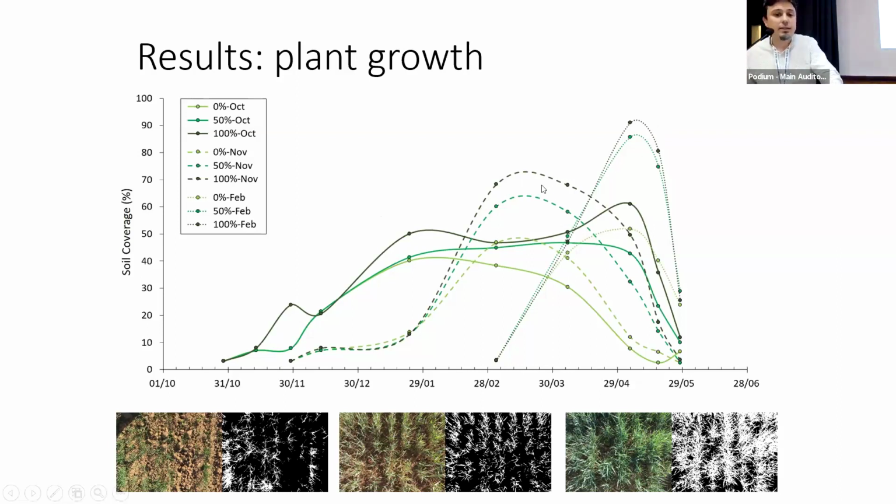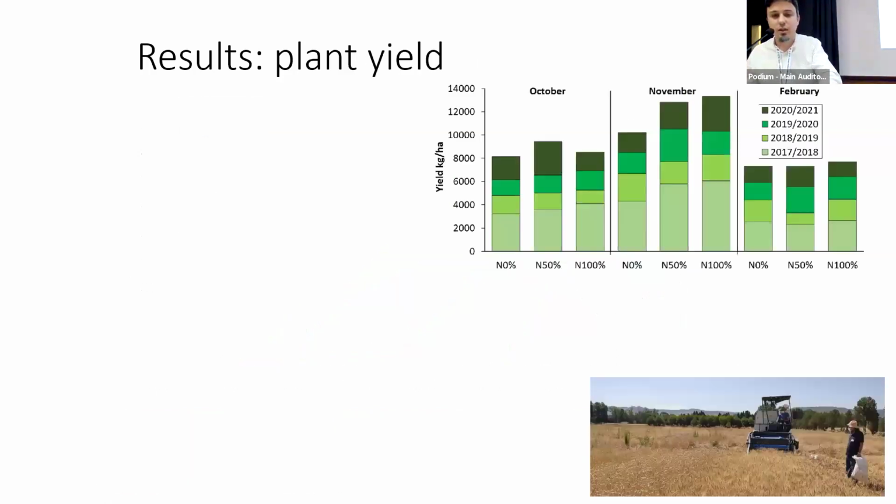And also we can see that there is a different growth with respect to the nitrogen, this coverage being larger in the treatment with the higher fertilization, and lower in the no fertilizer treatment. The results are very similar also in the different indices, but I'm not going to introduce that because I don't have time.